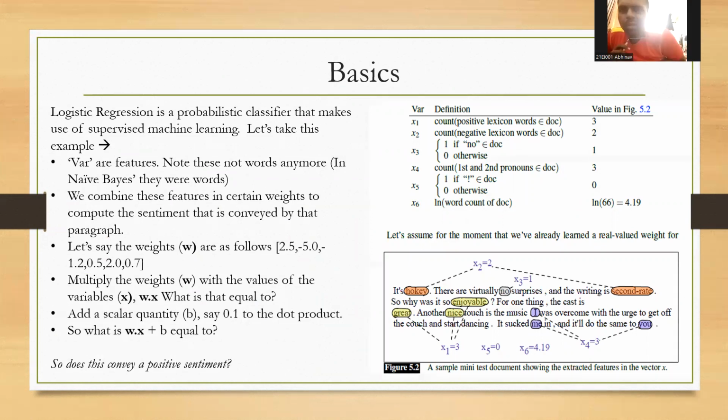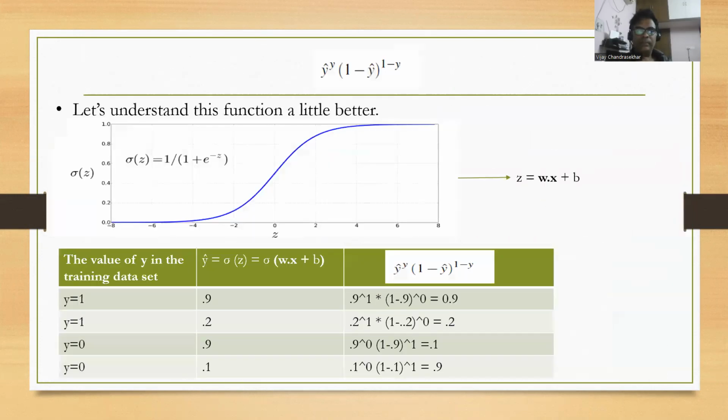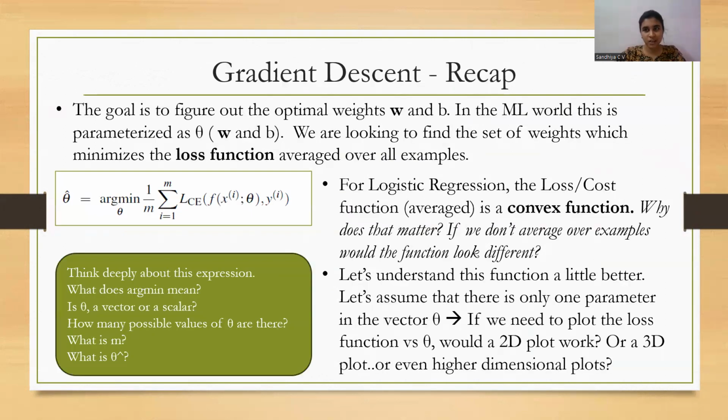Think. I'm not talking of theta hat. Theta can take infinitely many possible values. Exactly. Why? Because I can have any combination of W's and B's. The possible values of theta are actually infinite. I can pick some combination of W1, W2, W3, W4, W5, W6, and B, and that's one theta for me. I can pick another combination, and so on and so forth.